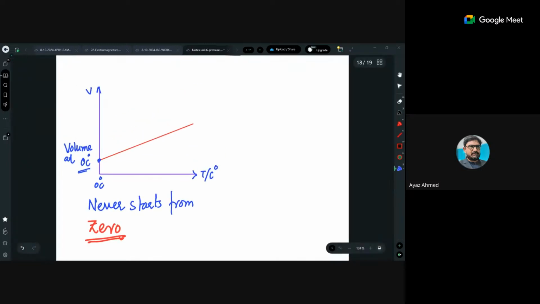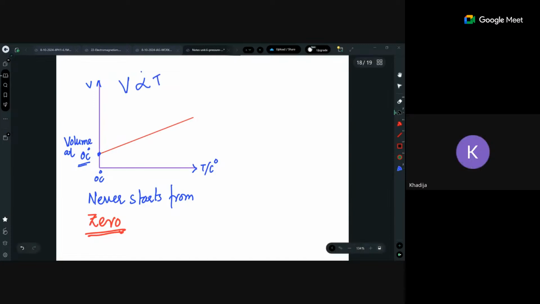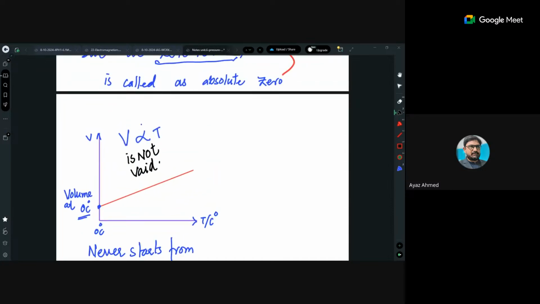So if a graph is not passing through the origin, can you say that this is directly proportional? No, it is not inversely. We just say that as temperature increases, volume increases in this situation. So what do we say?